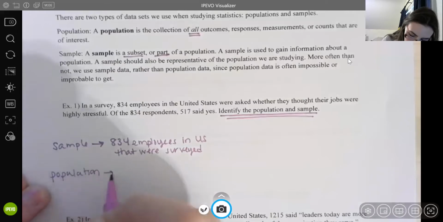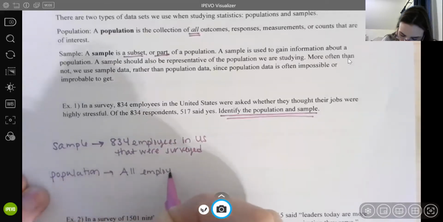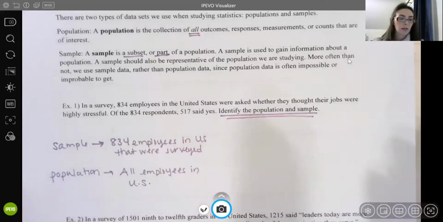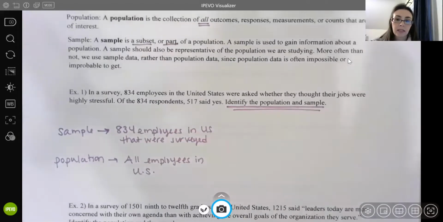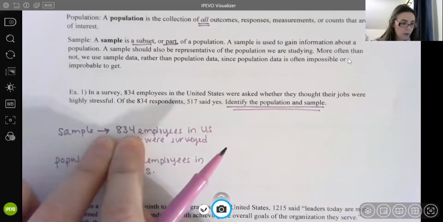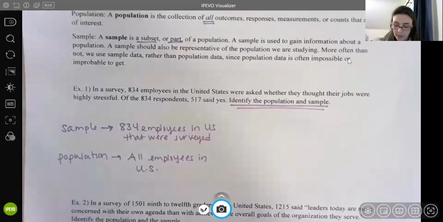Well, our population would be all employees in the US, right? So our population would be every single employee in the United States. It's not possible for us to survey every single employee in the United States. It's just too many people. So what we have here is a sample, right? 834 is obviously not everybody. So it's a subset of everybody. So this is our sample.